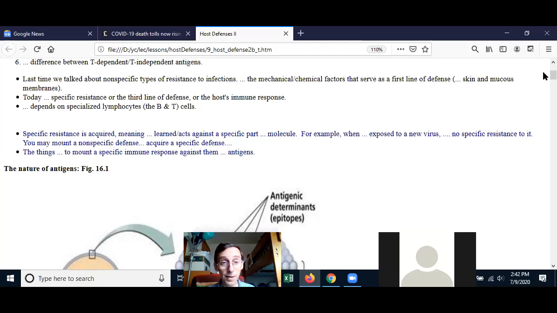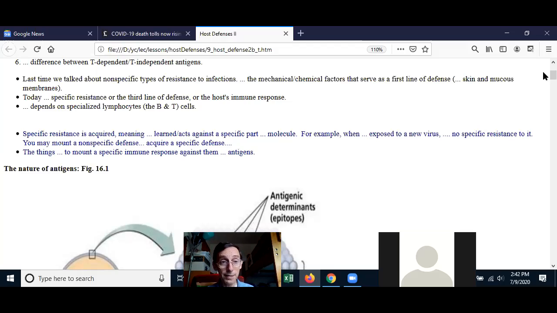We'll talk about how different host cells can act against a virus once it's infected its cell, but we'll talk about that later in the lesson. And you can't respond with a specific defense until your immune system learns to respond to it.